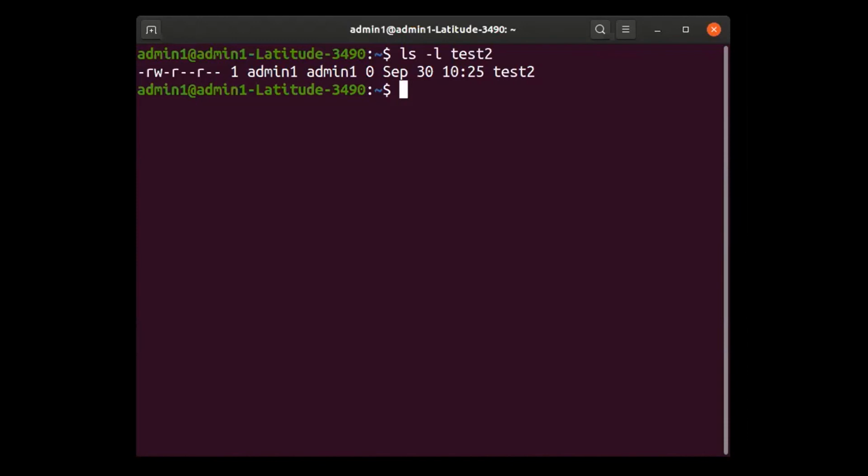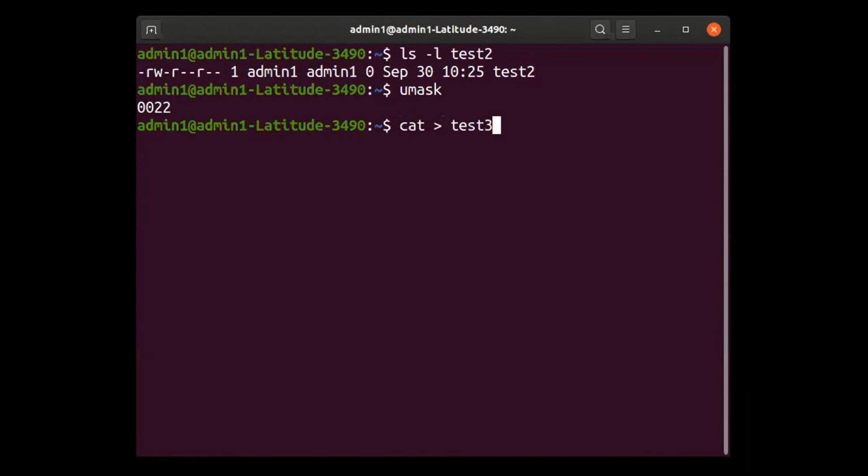Since my umask value was 022, this 022 gets subtracted from 666 as far as an ordinary file is concerned, and hence 666 minus 022 is nothing but 644. Whenever I create a new file, I will get the permissions for that file in the form of 644, right?